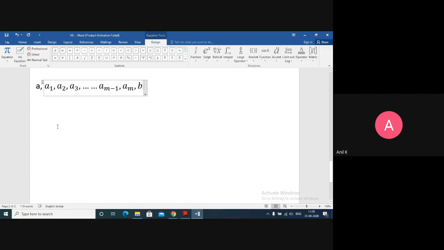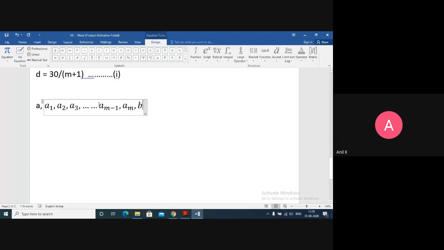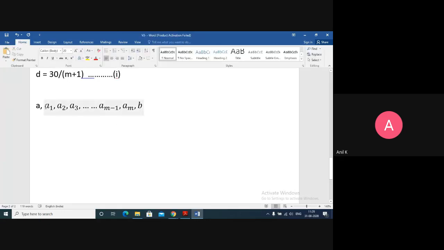Okay, so what is given is the ratio of the 7th term to the m minus 1th term. This is the m minus 1th term, but the m minus 1th term is counted from a1 only. But if I start from a, can I say this will be my mth term? The ratio which they have given in the question, m minus 1, runs from a1 to a m minus 1.